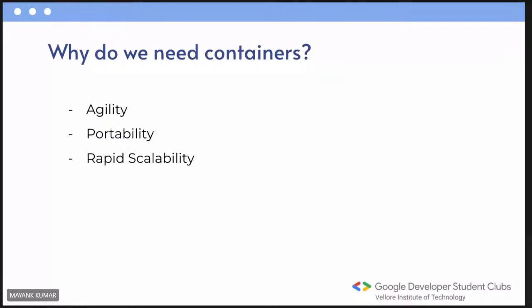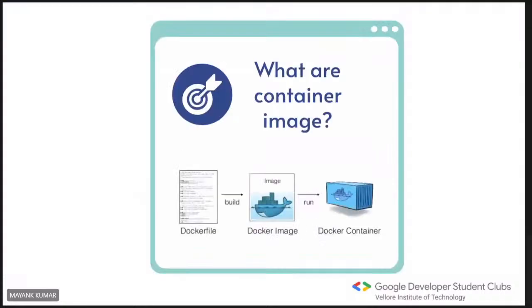Now let's talk about what container images are. Container images are a specification of how these isolated environments we are talking about have to be set up. You need Node installed in your container image, right? You need Python installed in your machine when you are running the application.